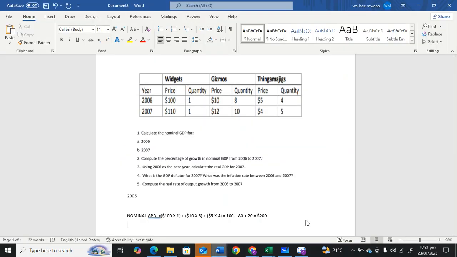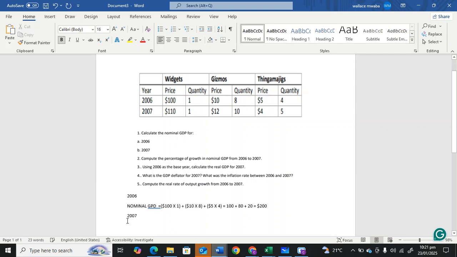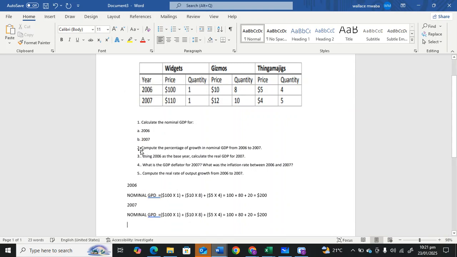For the year 2007, again, it's just multiplying the price of that year by the quantity produced in that year. So for widgets, the price increased to $110.